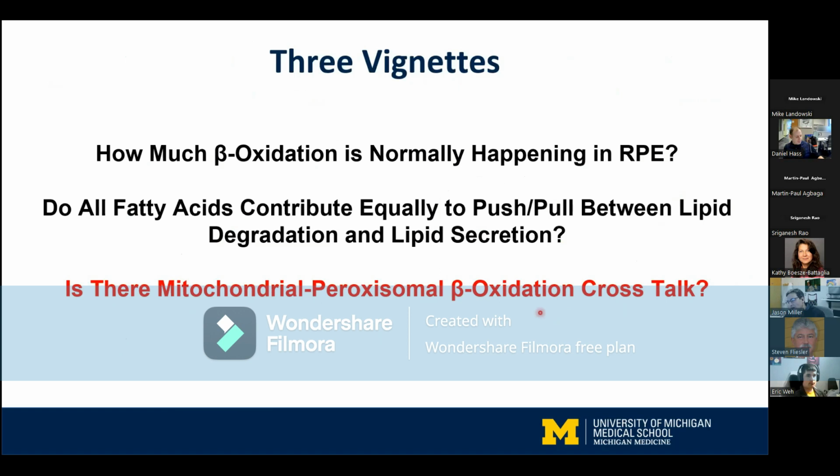So we are wondering how much mitochondrial peroxisomal crosstalk there is happening in the RPE, especially in aged RPE, as the mitochondria is compromised and perhaps more lipids that should have been destined for the mitochondria get destined for the peroxisome instead.